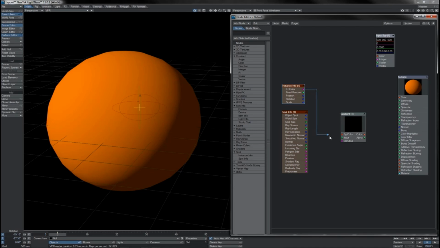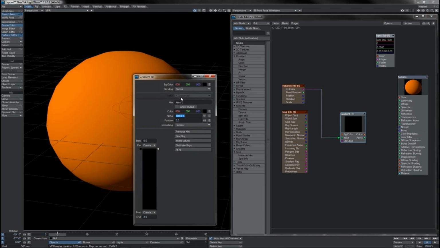So if I plug this into the input on my gradient, my input is now receiving a set, and it is now that set value that I am mapping. So in this case, my gradient of 0 through 3, any keys on it would be affecting instances numbers 0, 1, 2, and 3. Any instances whose ID was higher than 3 would just be receiving the same as the key that was set at 3.